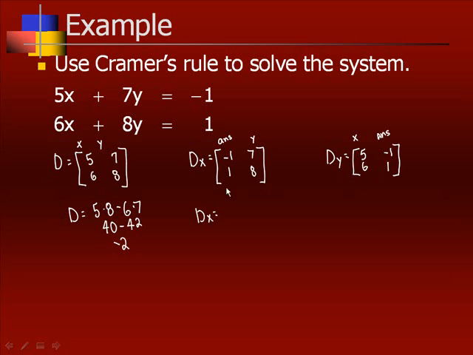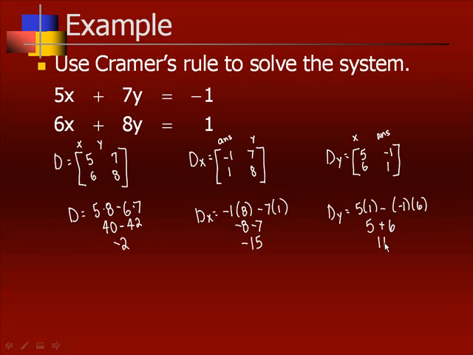dx, doing the formula, would be -1 times 8 minus 7 times 1, which would be -8 minus 7, which is -15. And dy is equal to 5 times 1 minus -1 times 6, which is 5 plus 6, which would be 11.